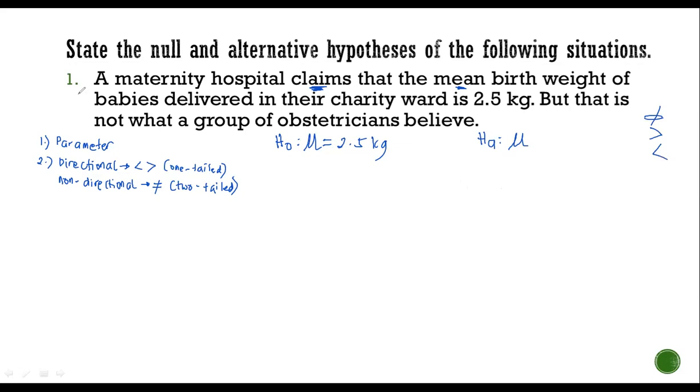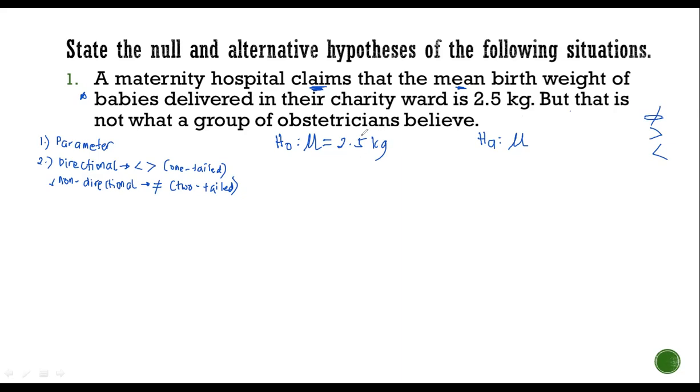Dito sa problem, directional ba siya or non-directional? It is non-directional. Bakit non-directional? Kasi wala namang sinabi na mas mababa, mas mataas. Sinabi lang dito sa second statement, but that is not what the group of obstetricians believe.